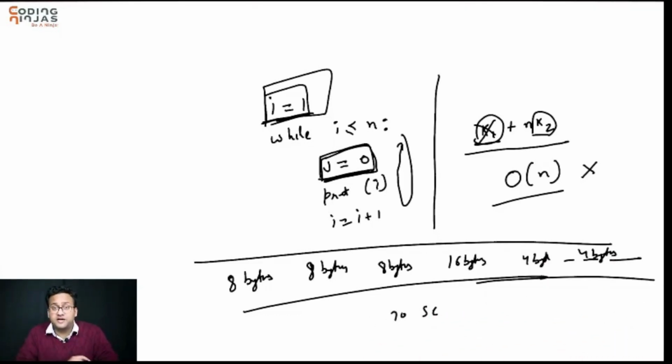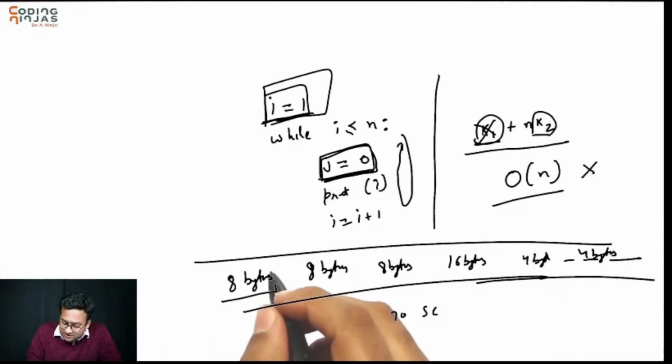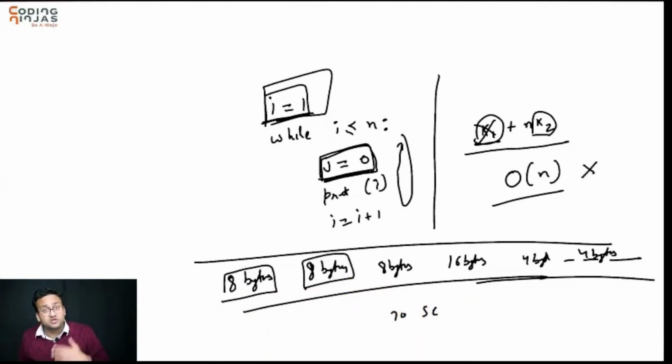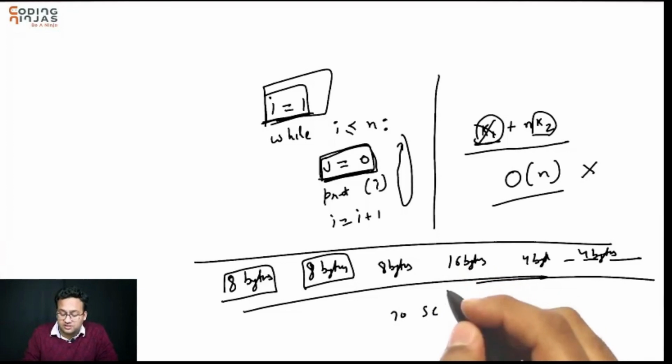What do you think is the space requirement of my program? Is it 8 plus 8 plus 8 plus 16 plus 4 plus 4 and so on? I don't think so, right? Because I need 8 bytes. Then I'm using the same 8 bytes, or I have released those 8 bytes and I'm using some other 8 bytes. So at any point in time, I don't need more than 16 bytes.